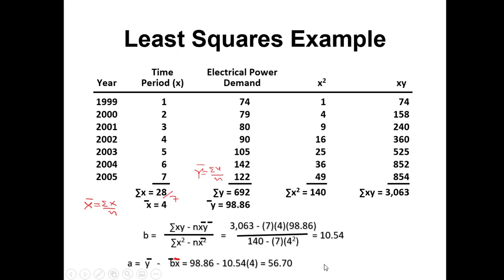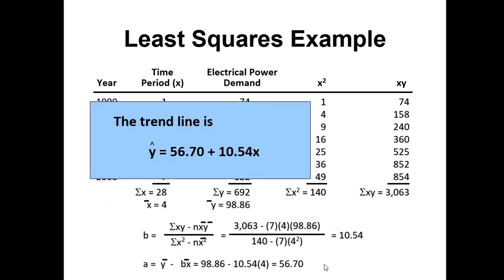When you have the slope and the intercept a, it will be very easy to construct a line, because our trend line equation is y bar is equal to a plus bx. We have already calculated the value of a and the value of b. So when you put these values, the a value is 56.70 and the b value is 10.54x.